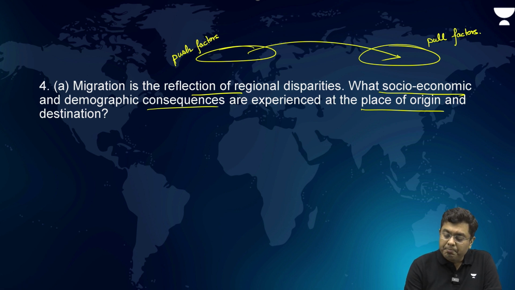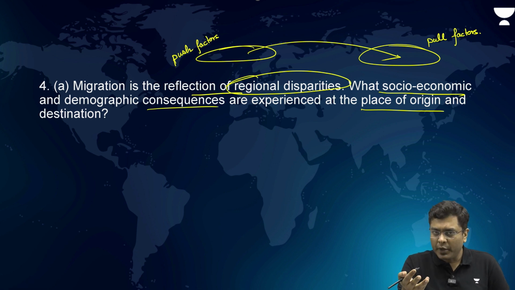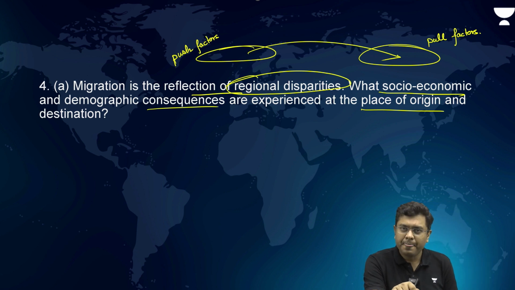So, basically it is a reflection of regional disparities in terms of growth, in terms of economic opportunities, in terms of natural resources, in terms of cultural assimilation sometimes, or cultural openness of the society as well, right.